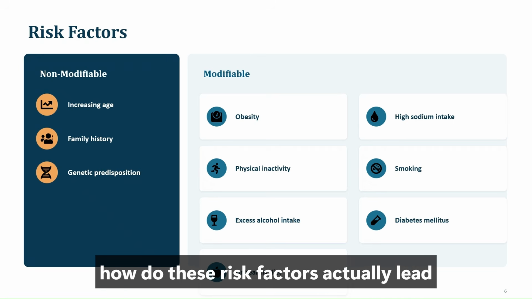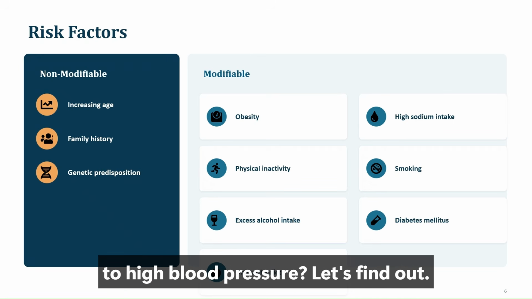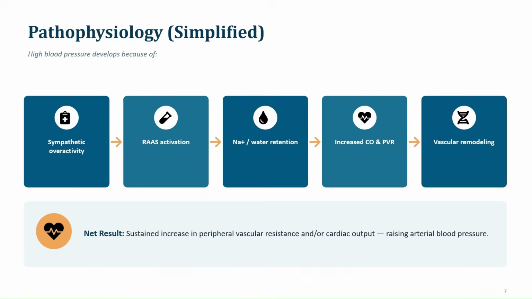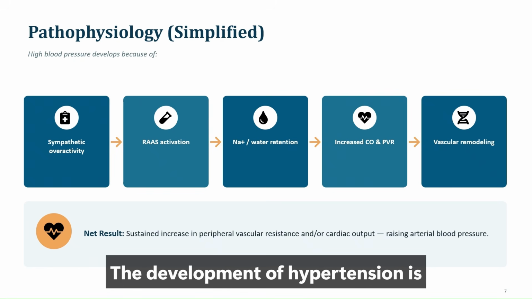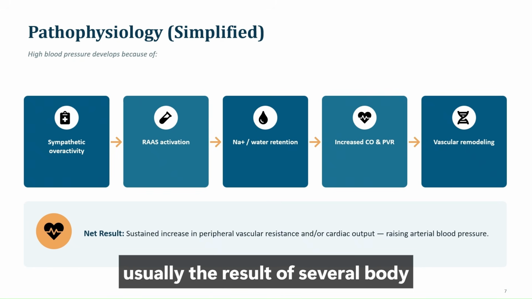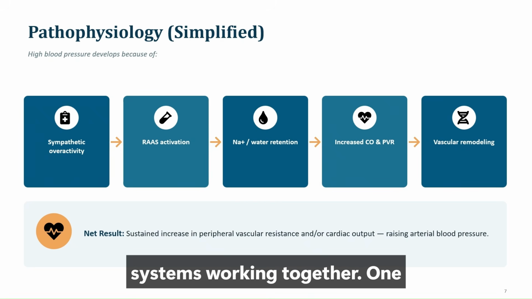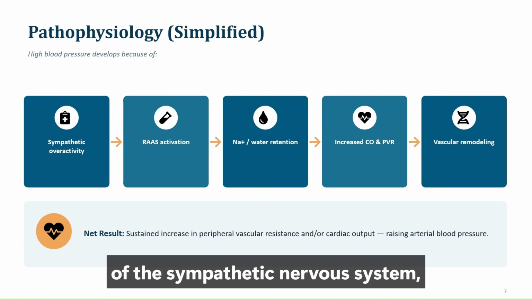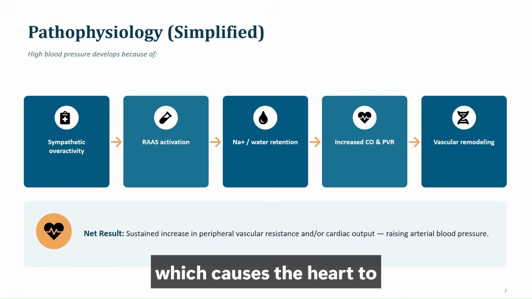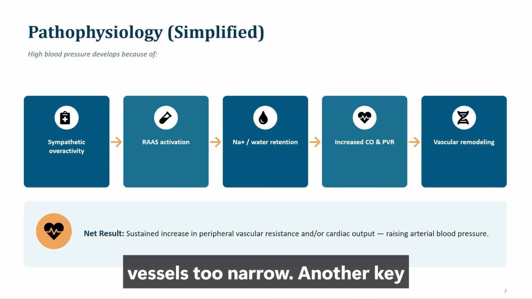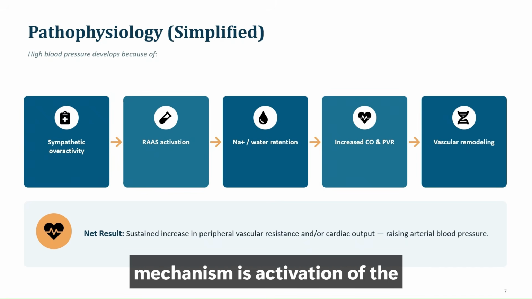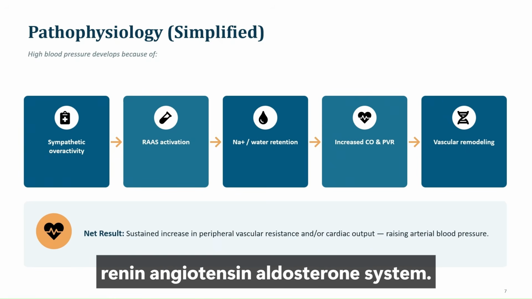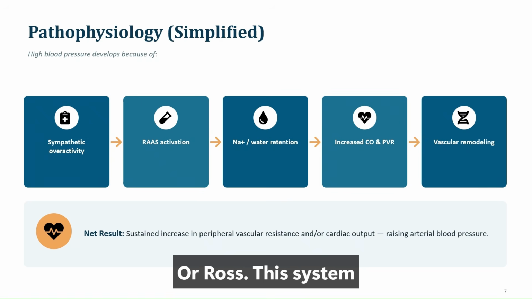But how do these risk factors actually lead to high blood pressure? Let's find out. The development of hypertension is usually the result of several body systems working together. One important mechanism is increased activity of the sympathetic nervous system, which causes the heart to beat faster and the blood vessels to narrow. Another key mechanism is activation of the renin-angiotensin-aldosterone system, or RAAS.